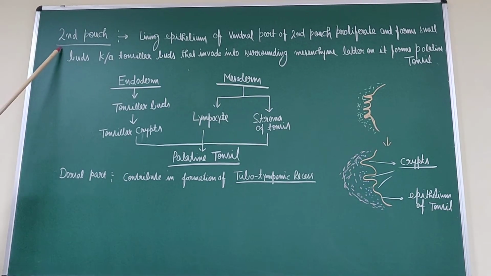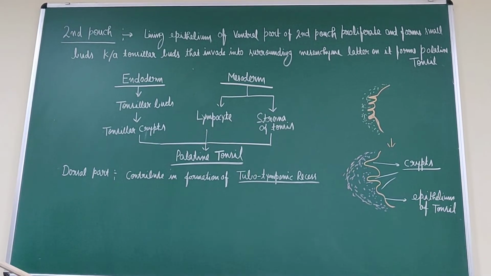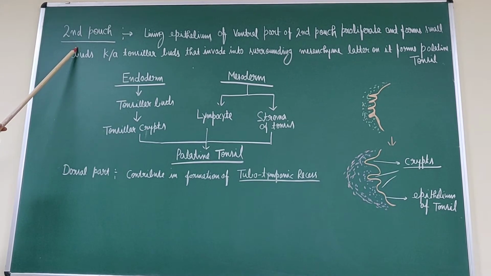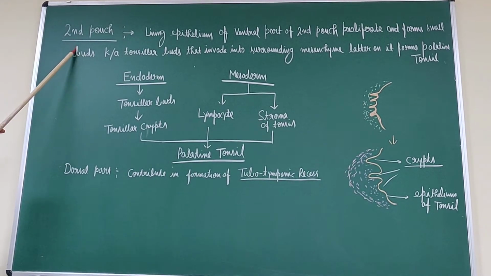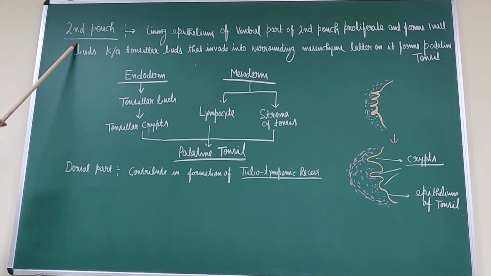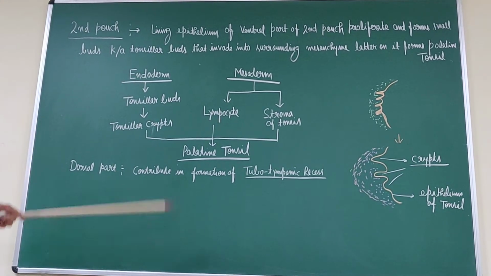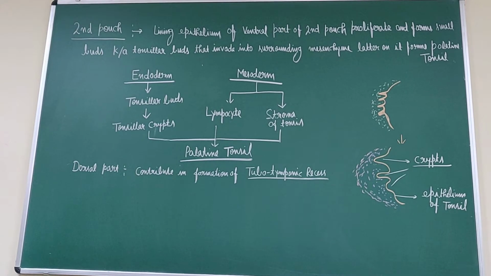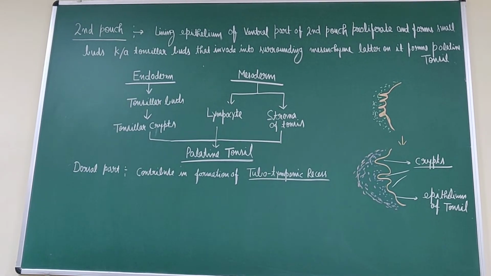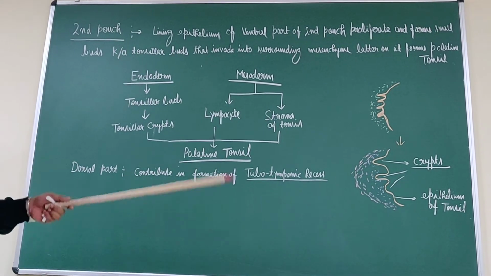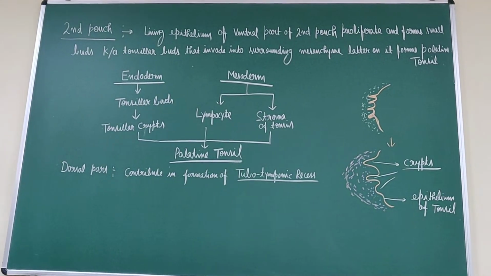Now the second pouch. The second pharyngeal pouch is present between the second and the third arch, lined by the endoderm. As we discussed earlier, each pouch has a ventral part and a dorsal part.